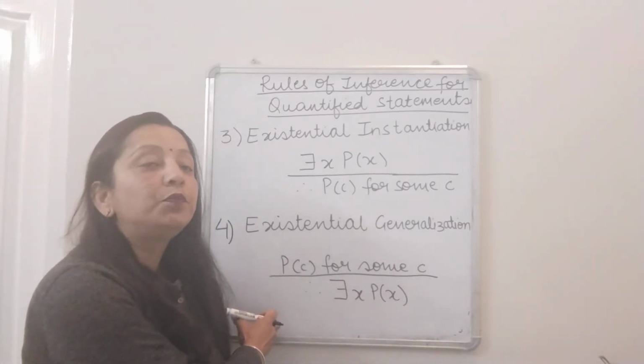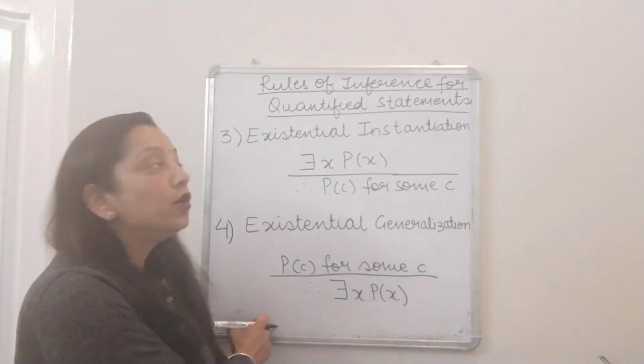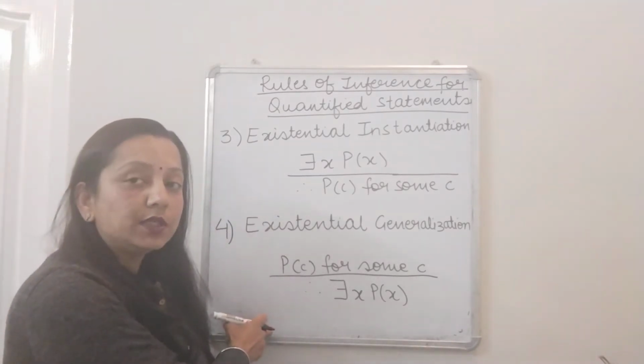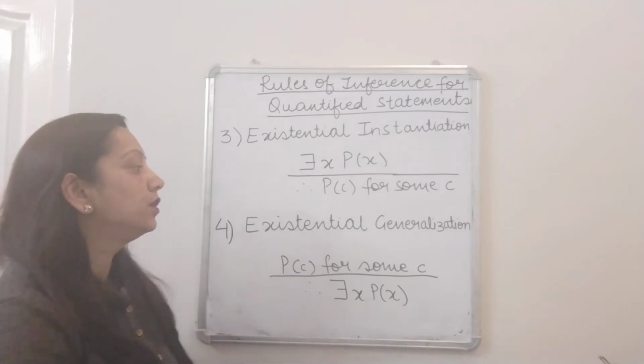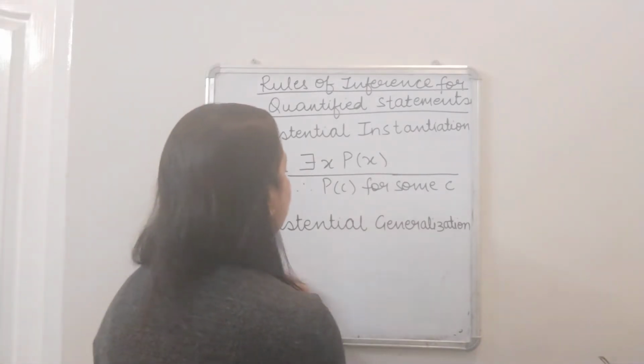Now we will study a problem related to these two rules, that is the existential instantiation and the existential generalization. So let's look at the problem.